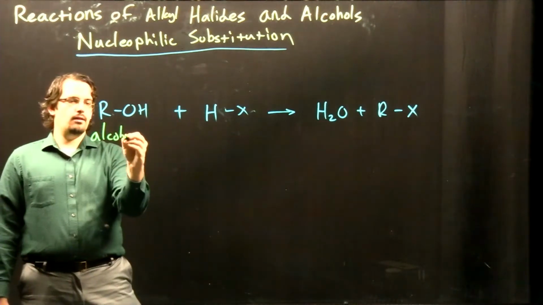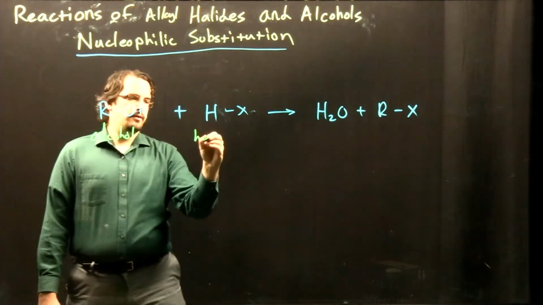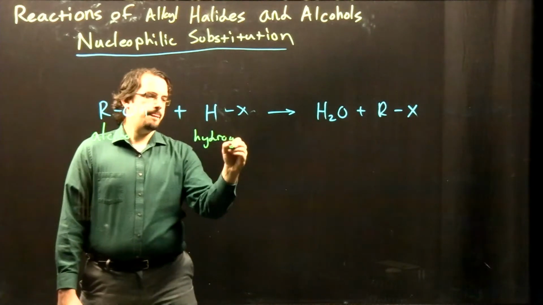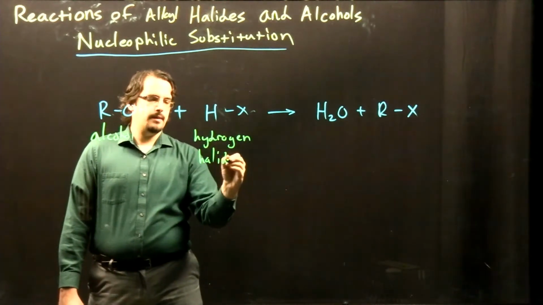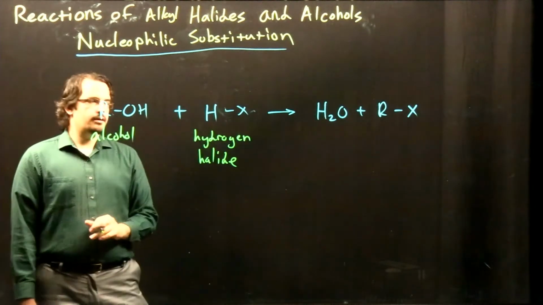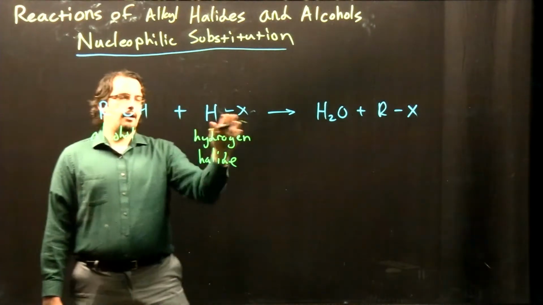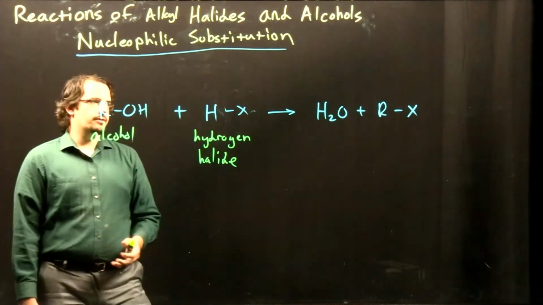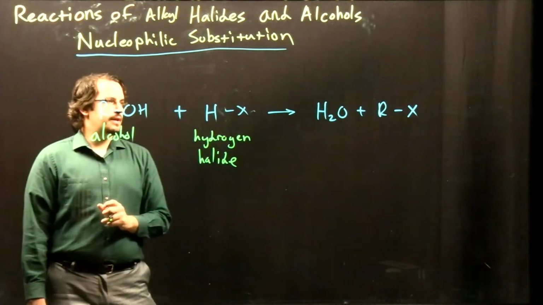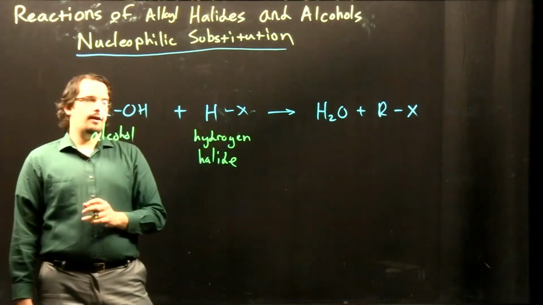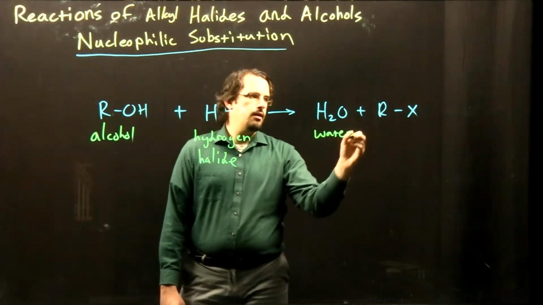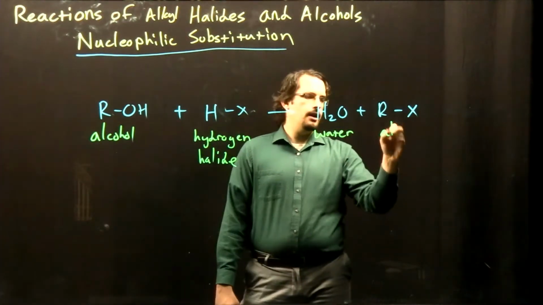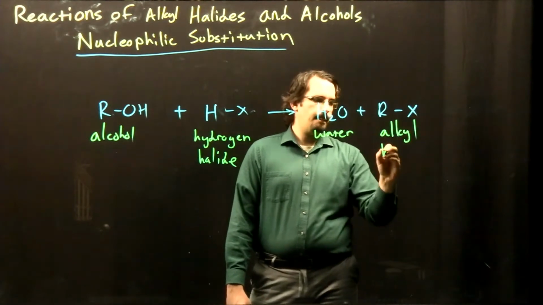Our alcohol will react with our hydrogen halide. Again, in this case, our R is representing any generic carbon-based chain. Our X here is representing any halogen. So we have our hydrogen halide, we react with our alcohol, and we're forming, of course, water over here on the right, and an alkyl halide.